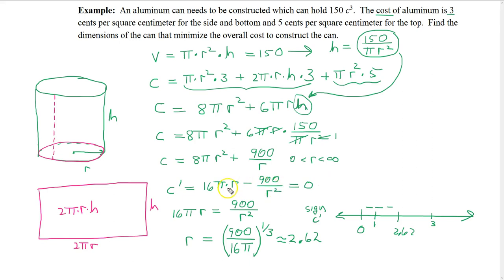If you put 3 into the derivative, you will get a positive number. So that tells us that the function C is decreasing and then increasing. So yes, 2.62 is an absolute minimum over this interval. But you don't need to do that for all of these problems, because they're always going to work out where your solution is where your derivative is equal to 0 for the problems we're considering. But it is something that is good to verify.